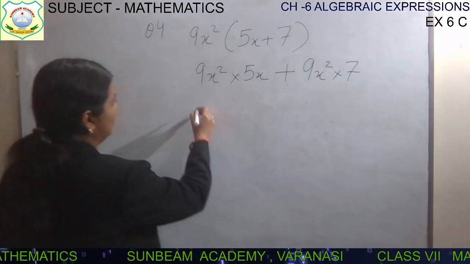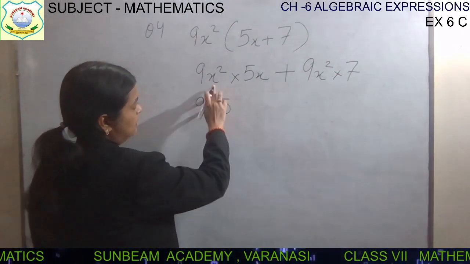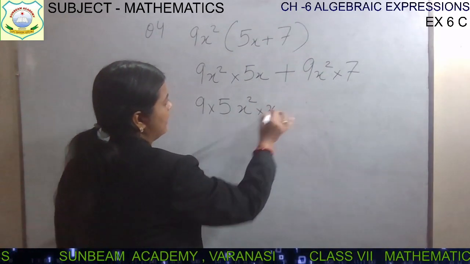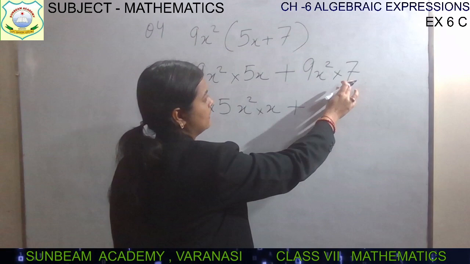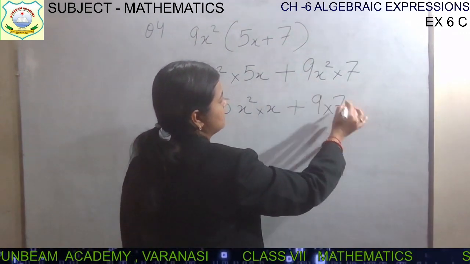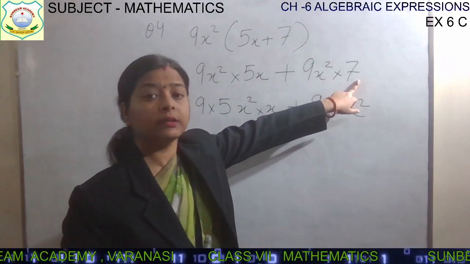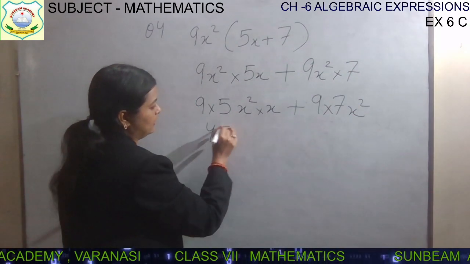Now children, collect the numbers first. 9 into 5, then variable x square into x, plus again collect the numbers. 9 into 7, we have to multiply them, and then x square only. There is no other variable here. So now we will multiply. 9 5s are 45.